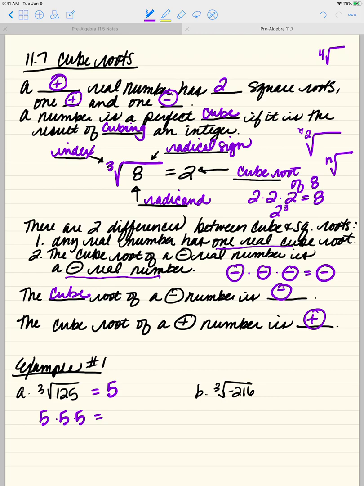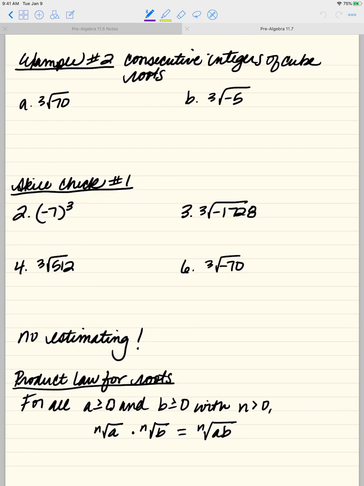What do we multiply by itself 3 times to get 216? 6 times 6 times 6. It is negative, so the negative 6 times negative 6 times negative 6 gives us negative 216. So the cube root of negative 216 is negative 6.